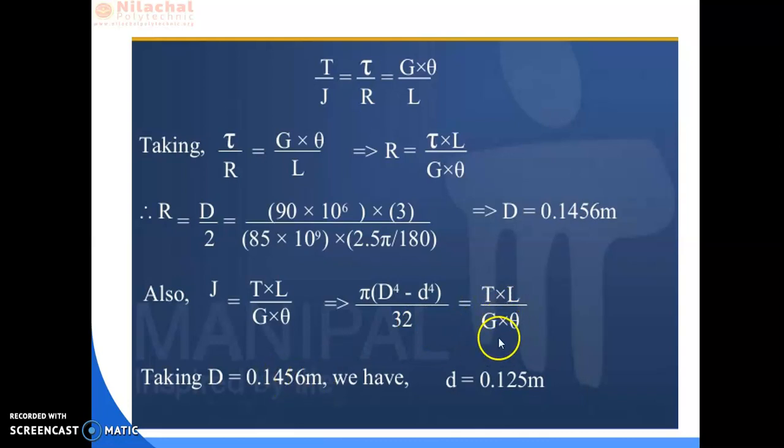We put the value of T as 25 into 10 to the power 6, L as 3000, theta as 2.5 pi by 180 and G as 85 into 10 to the power 9. We can find the value of external diameter as 0.1456 meter and internal diameter d is equal to 0.125 meter.